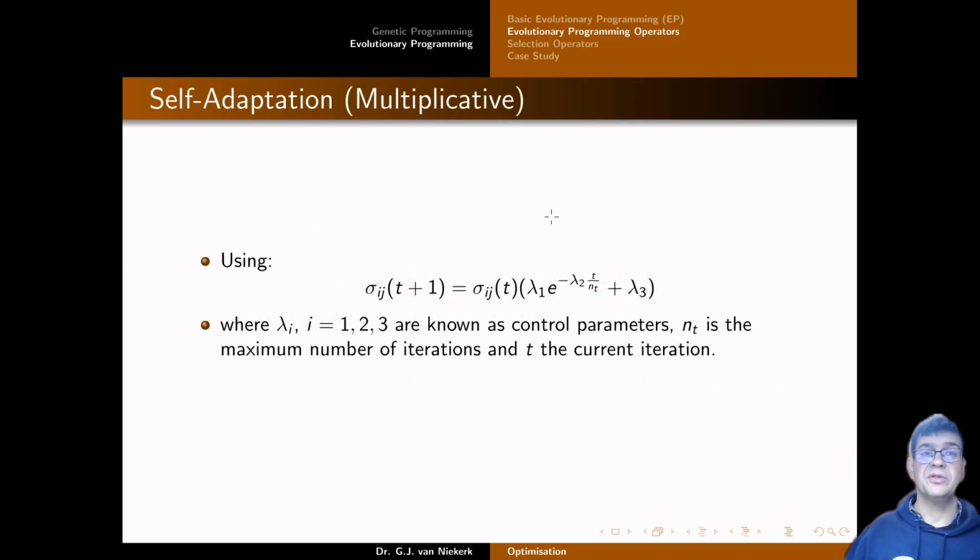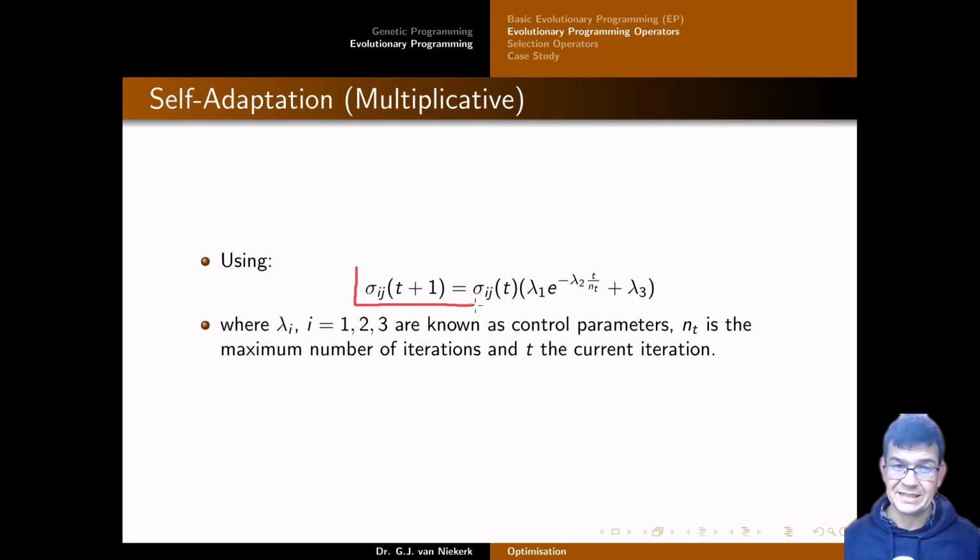Next, of course, we've got the multiplicative technique. Again, there's that secret recipe where the strategy parameter for the child, sigma_ij(t+1), is whatever the parent is, and this time multiplied by some value. And this is the value in this case. So you've got these lambda values, lambda 1, lambda 2, and lambda 3.